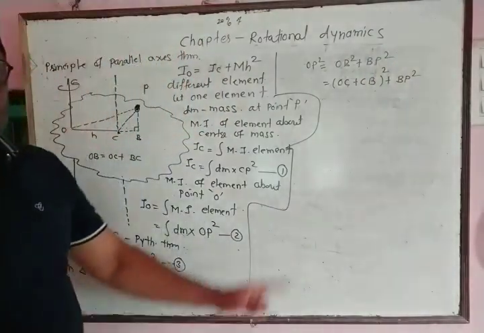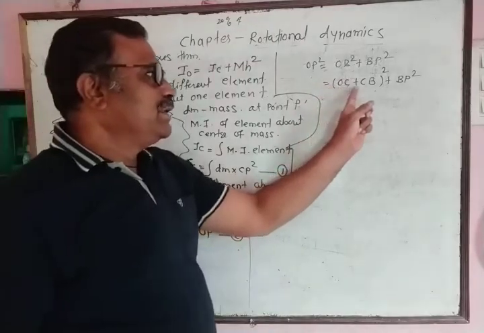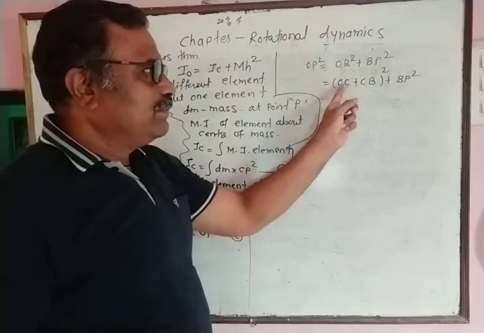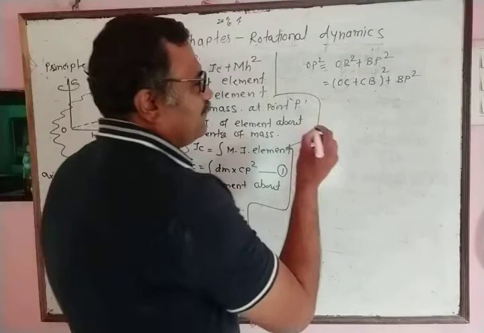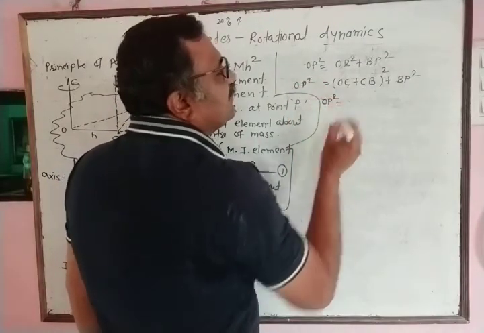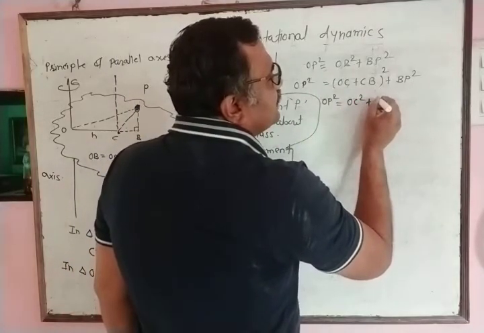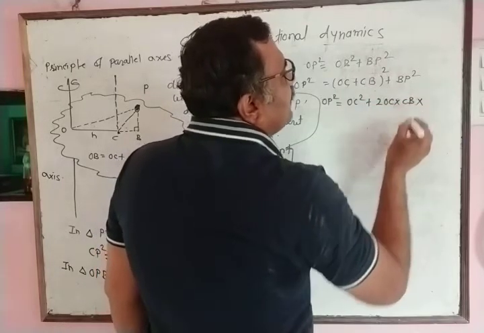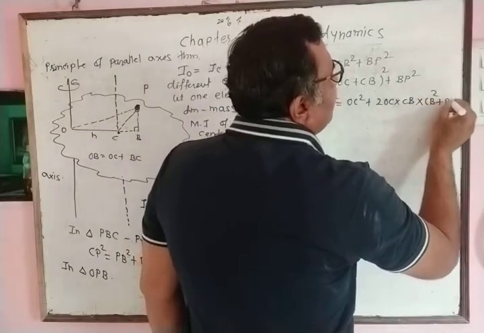Now expanding this bracket by using the formula (A plus B) whole square, we get A square plus B square plus twice A into B. Therefore, we get OP square is equal to OC square plus 2 times OC into CB plus CB square plus BP square.